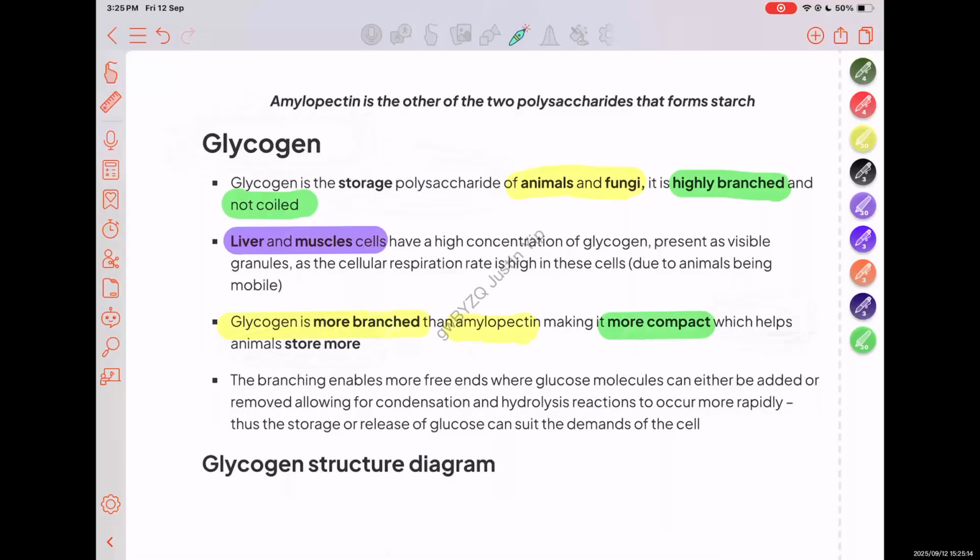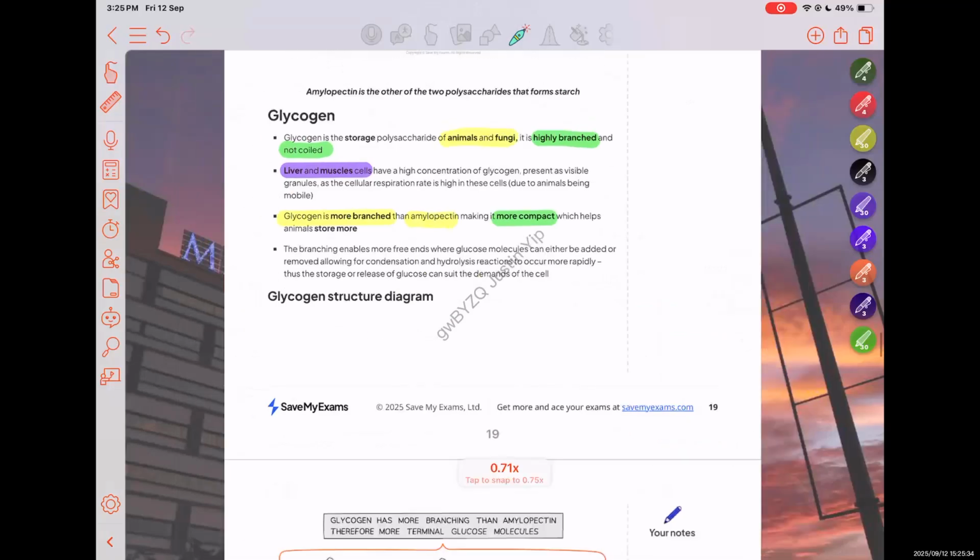Or sometimes you heard that a snake ate a whole chicken and can store the energy for 2 to 3 days without eating, because they can store their food as glycogen. So this is your glycogen part.